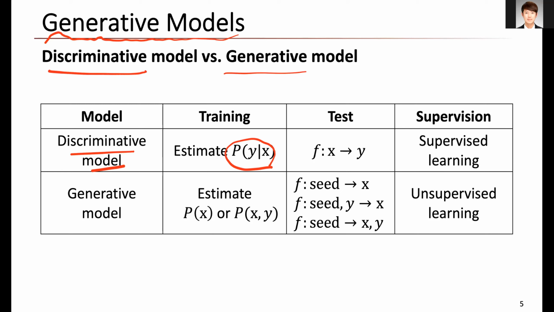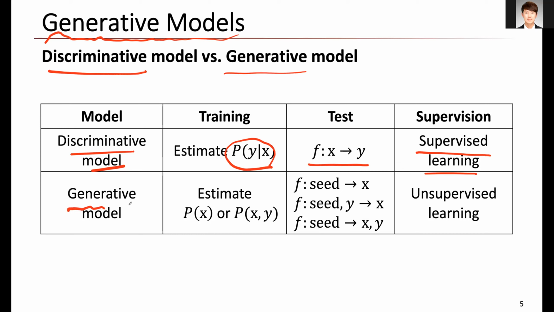So this is a kind of supervised learning. The goal of this kind of discriminative model is to find the mapping function between the input X and output Y. So at testing time, we can just generate output or estimate the label Y given input X. So this is a discriminative model.